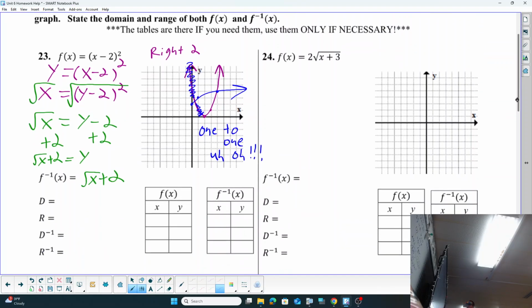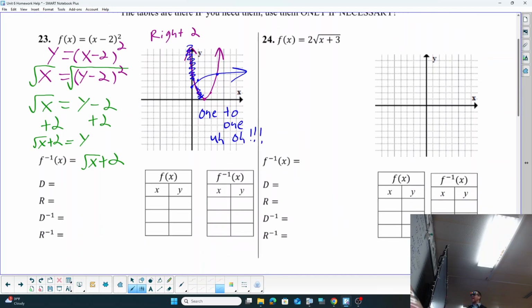So we can't have one-to-one, so we have to get rid of that. That means that the domain has to be restricted. So the domain for our first equation is just going to be from 2 to infinity.